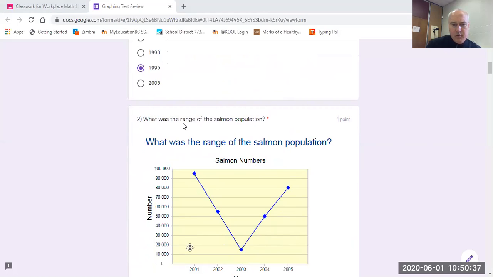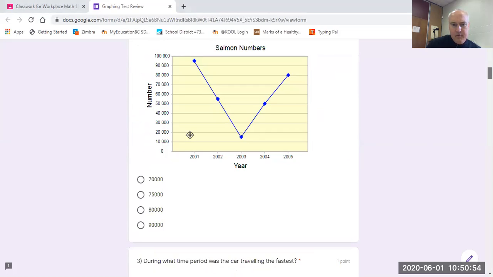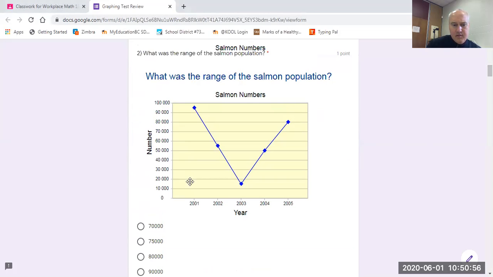So it says here, what was the range of the salmon population? Let me just click on here and scroll down a little bit further. So basically the salmon population ranges from a high of 95,000 right here.